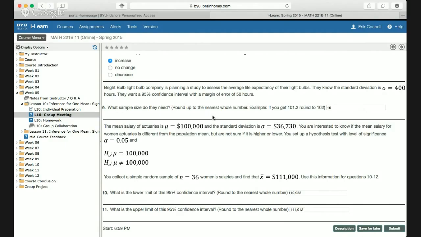So then we would multiply by the square root of n. Multiply by the square root of n. And then the way it ends up looking is n equals Z sigma divided by m, squared.